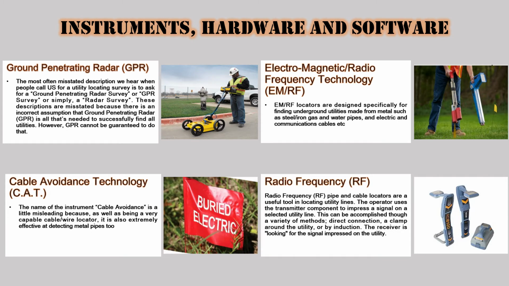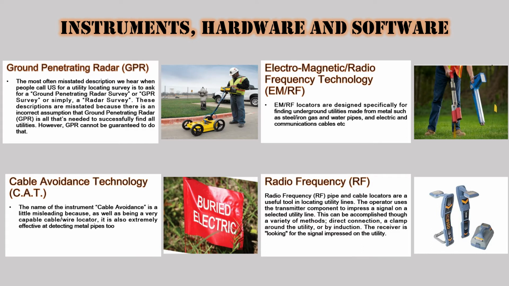These descriptions are misstated because there is an incorrect assumption that ground penetrating radar is all that is needed to successfully find utilities. However, GPR cannot be guaranteed to do that.